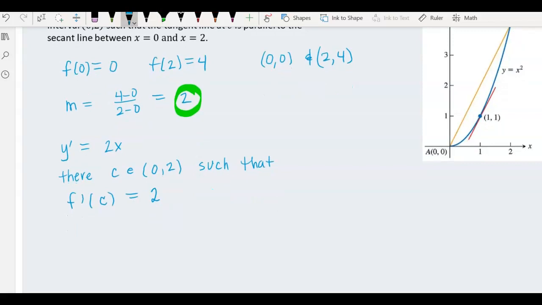So if I look at what the derivative is at c, that would be 2 times c is equal to 2. So c is equal to 1.